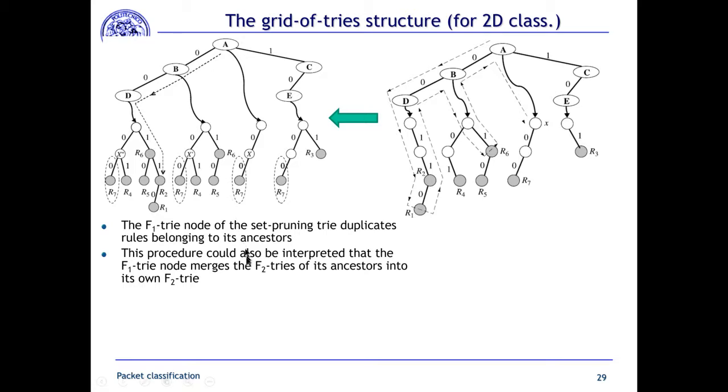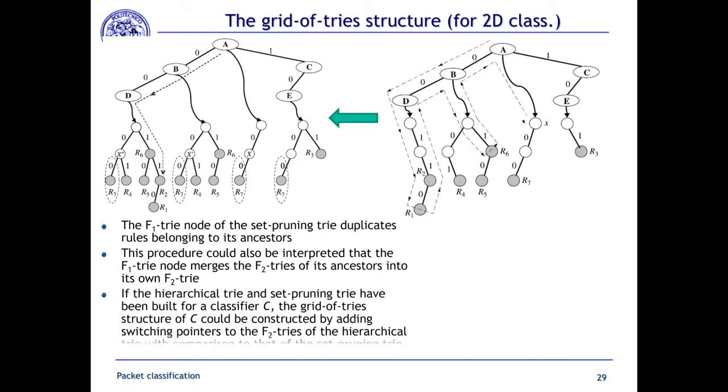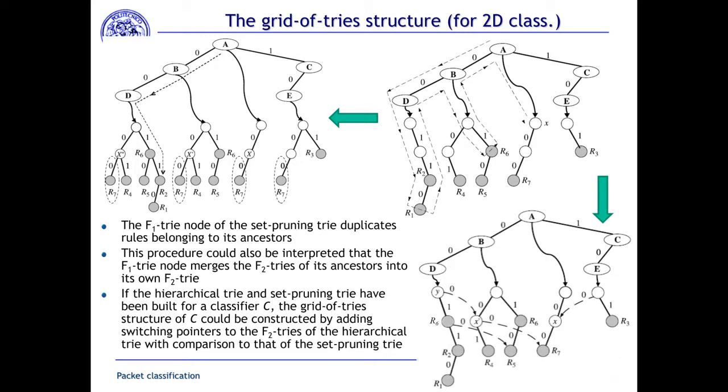Because basically when we are doing this operation of duplication, we are actually also merging the trees in the second level. So this tree is the original one merged with this one of the ancestor. This is also the original one merged with the ancestors. And so instead of performing actual duplication, we can exploit pointers.